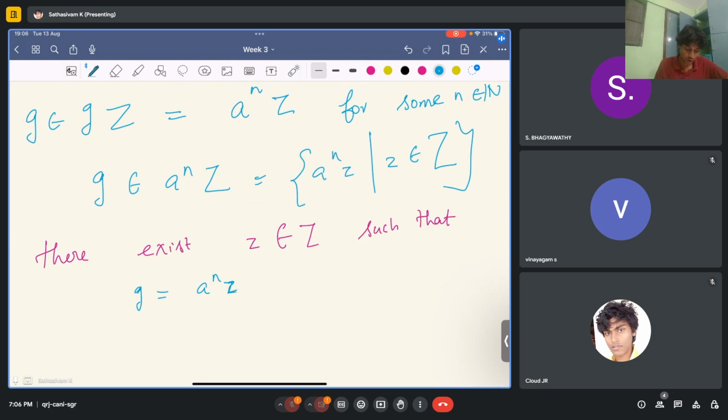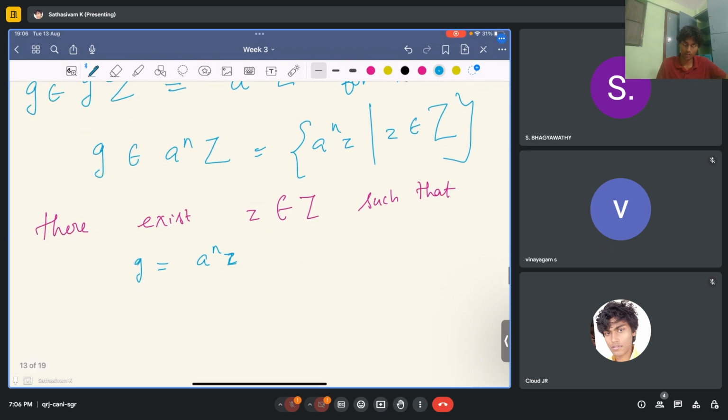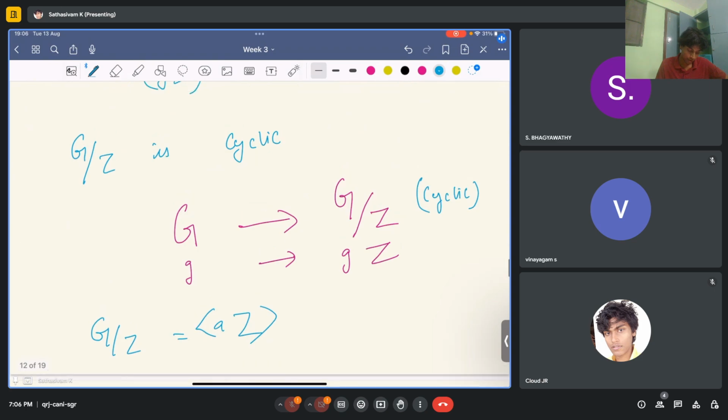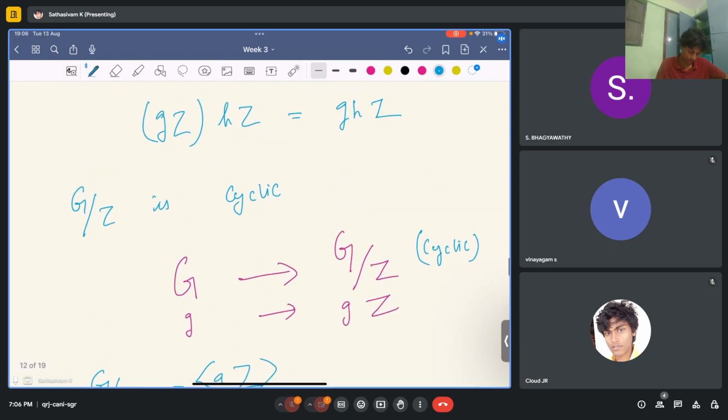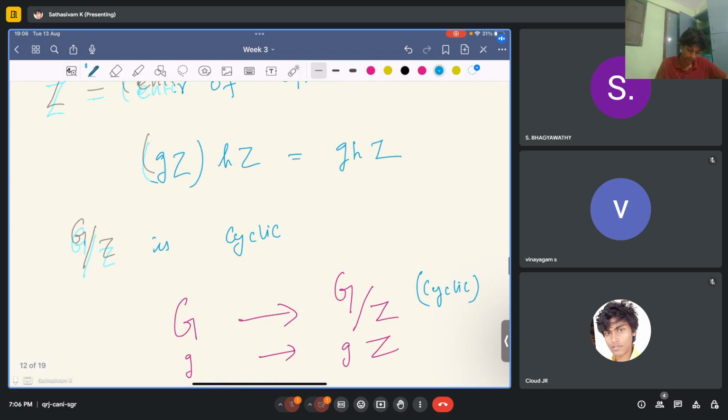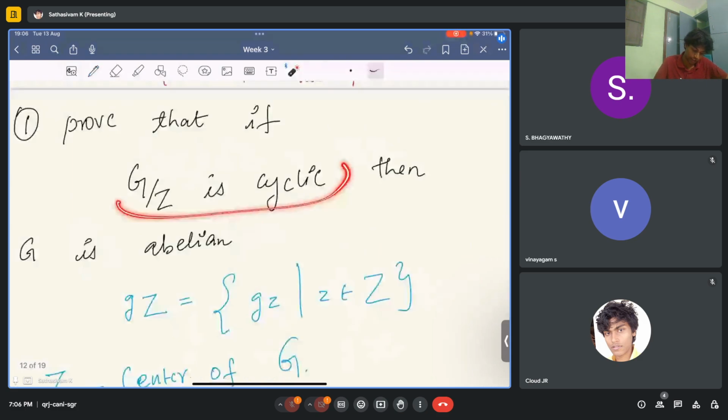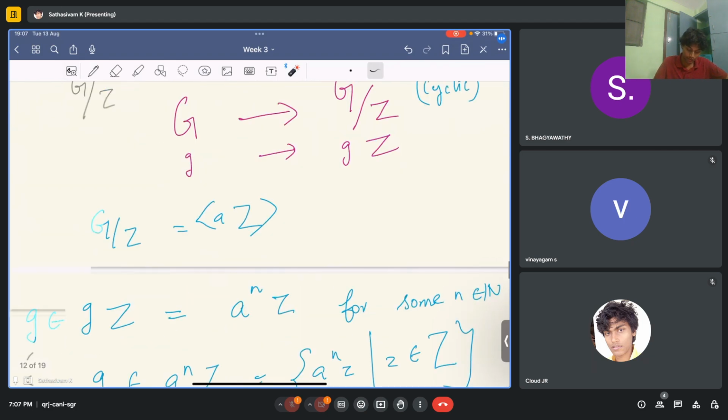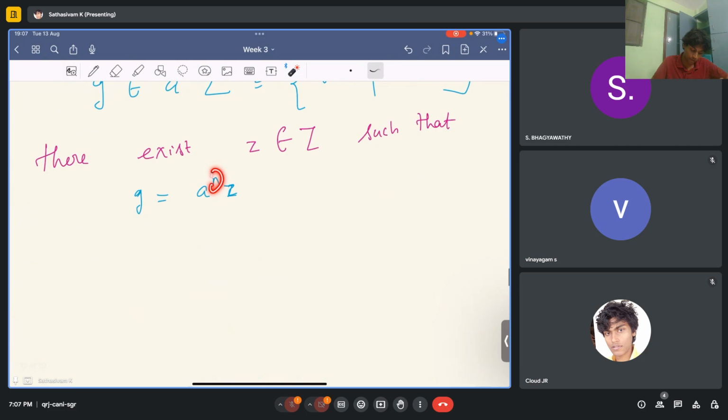Okay. So this much we have. So what we have shown so far, I will tell the summary. What we have seen so far is, assuming G by Z is cyclic, any element of G has to have this particular form. And this n can be different depending on the G. This n will be different.